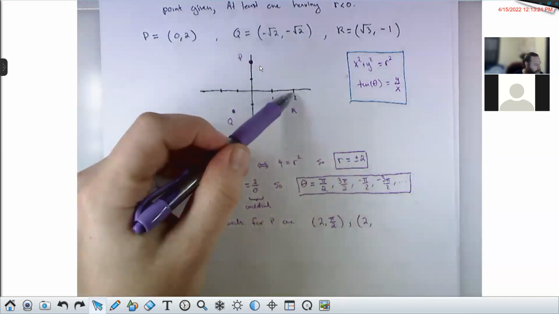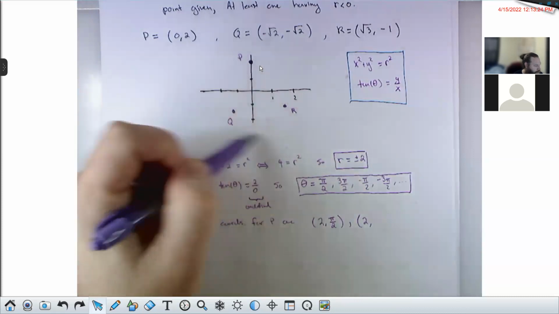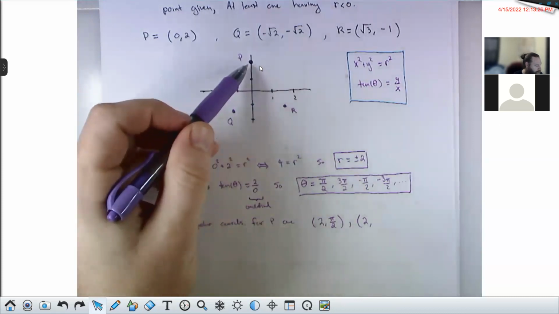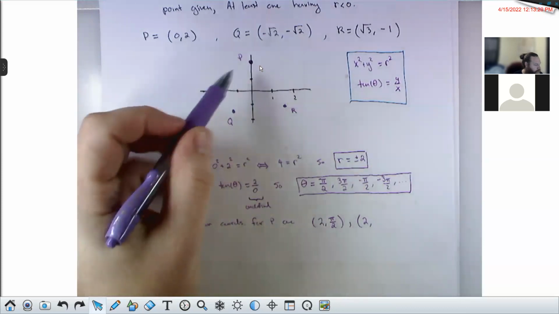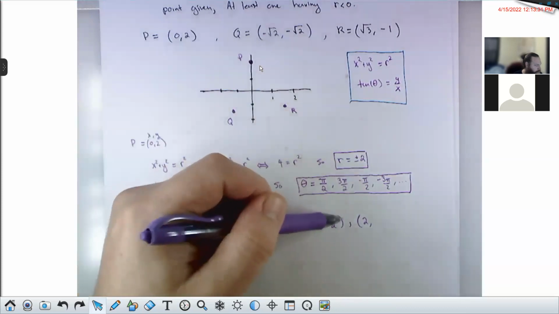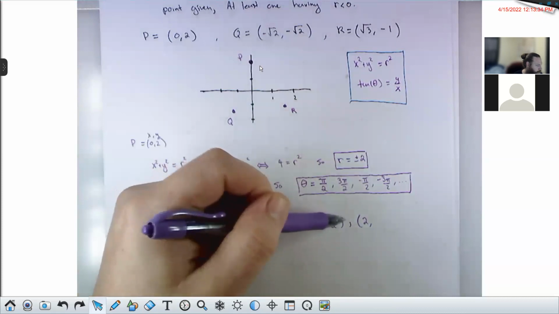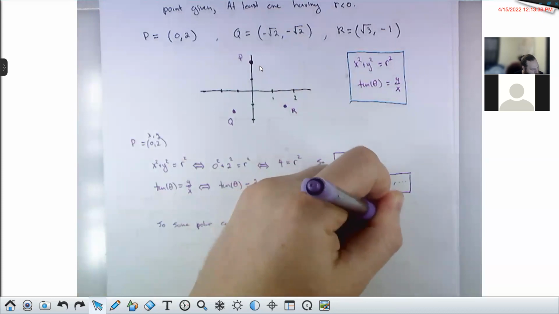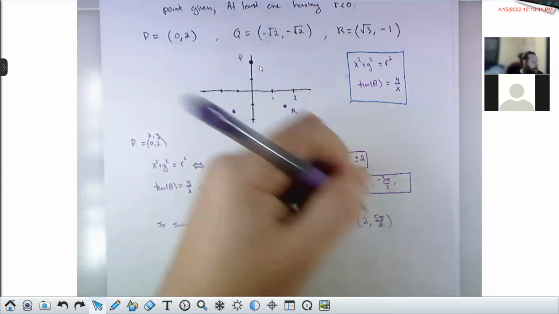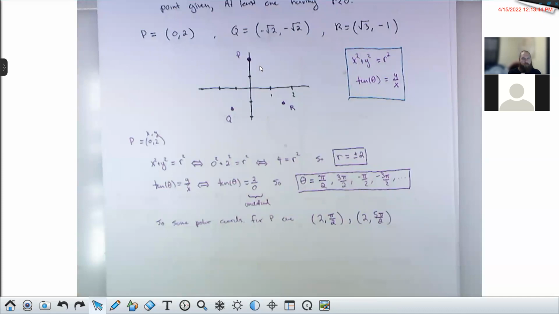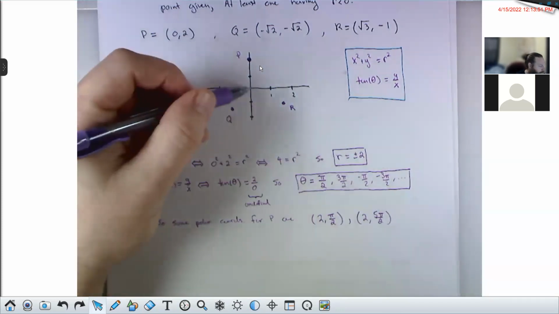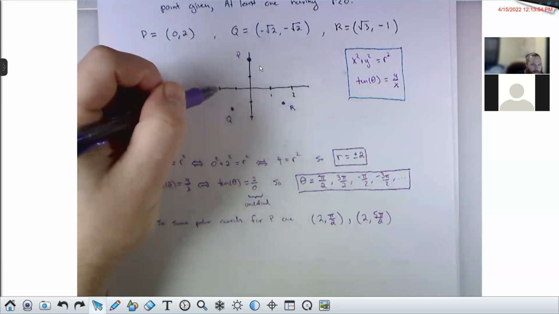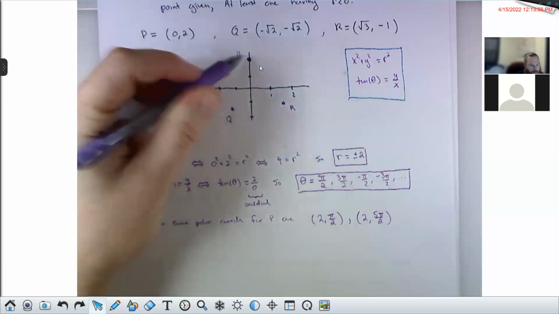If I walk out by 2, rotate up pi over 2, and then rotate another 2 pi, what's that going to give me? That would be 2 comma pi over 2 plus 2 pi. 2 pi is the same as 4 pi over 2, so this would be 2 comma 5 pi over 2. Another one which would work, if I go out to -2 and then rotate backwards by pi over 2.